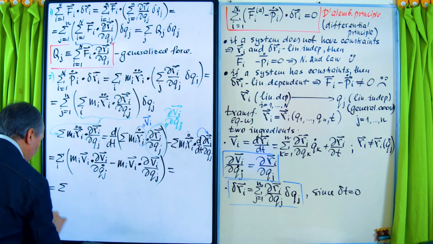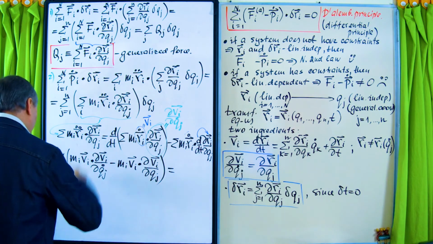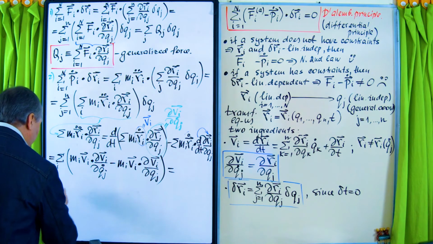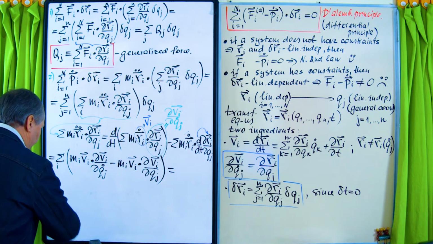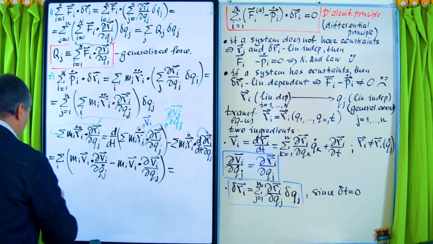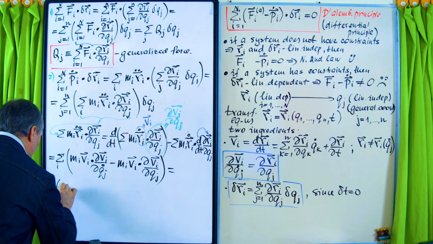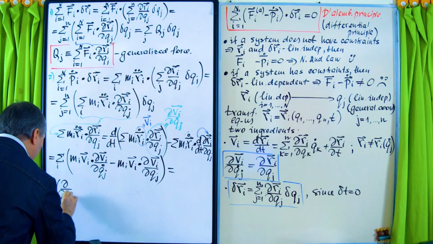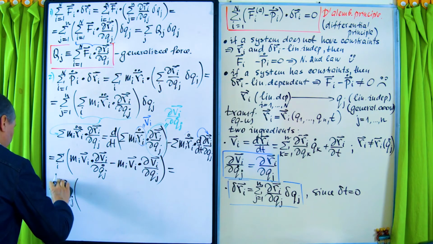Summation over, you know what, not summation over I. Now I will bring it inside. Let me write it this way: d over dqj dot, and okay, let me remove this bracket first.